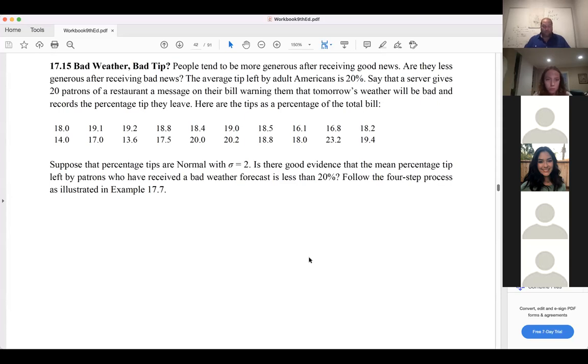Okay, what I'm looking for here is three things: test statistic, p-value, conclusion. Do you guys need more time for this one? Yes, okay.